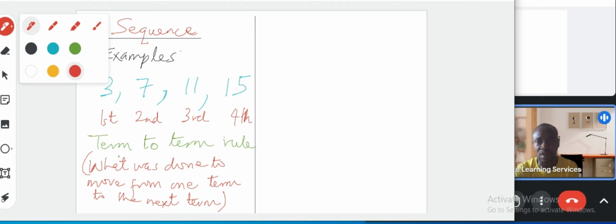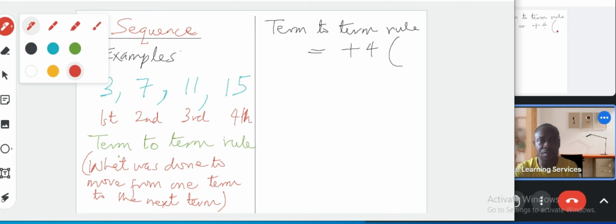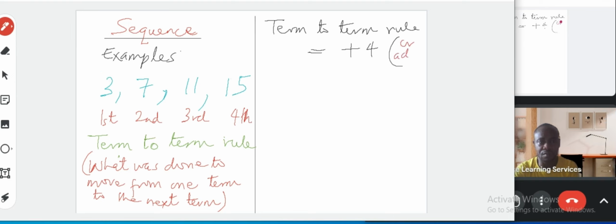So the term to term rule for that particular sequence is plus 4 or add 4.